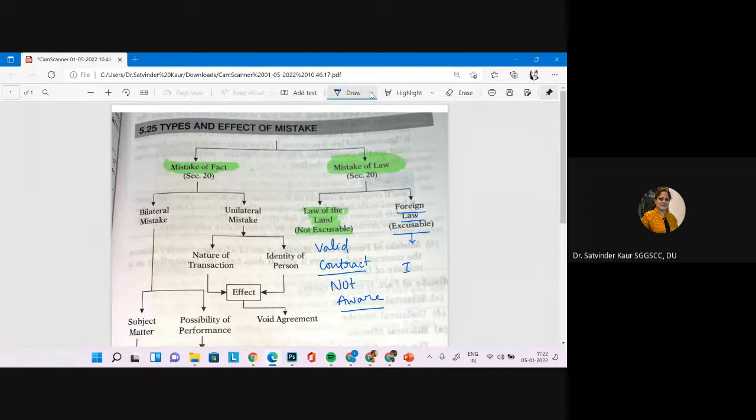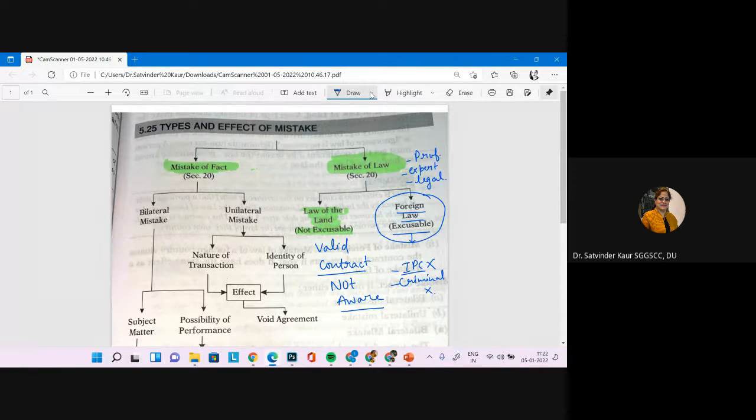But if we talk about the IPC or any kind of criminal activity, you cannot say that because it is happening in a foreign country, you are excusable. That is not there. But with respect to certain terms and conditions, rules and regulations, that's why whenever we are entering into a contract with any other country, we take expert advice, we take legal consultancies, we take into account all the details, or we have professionals to guide us.